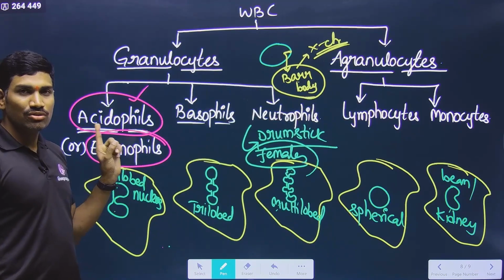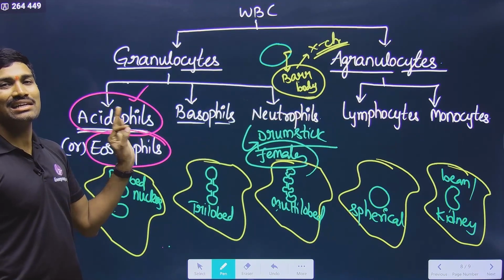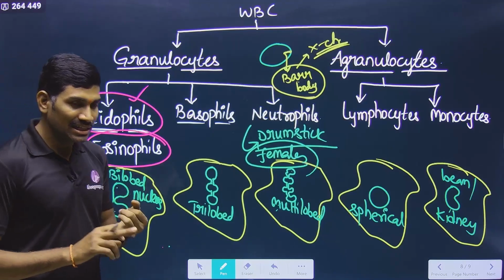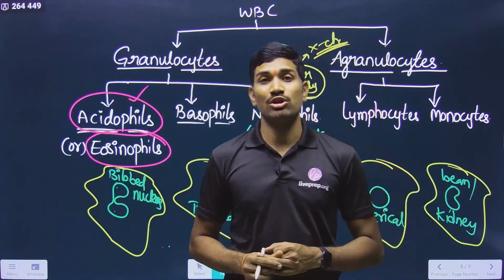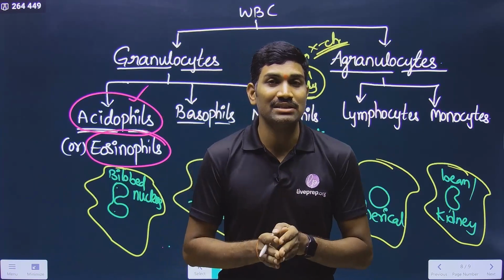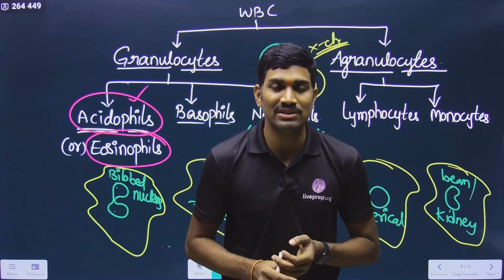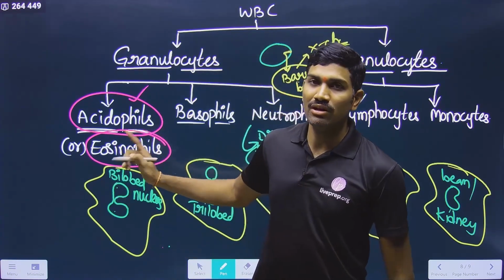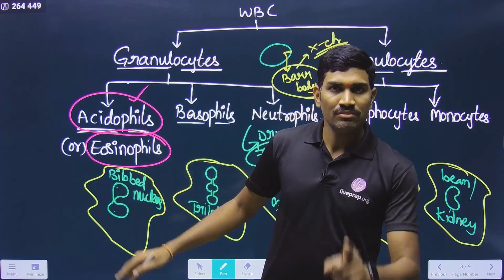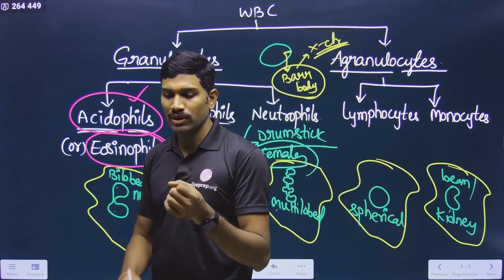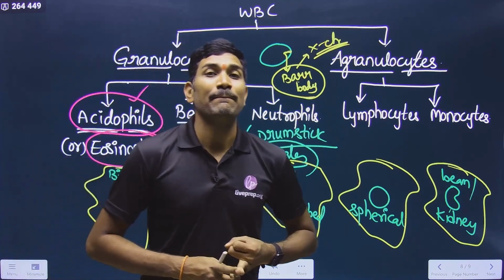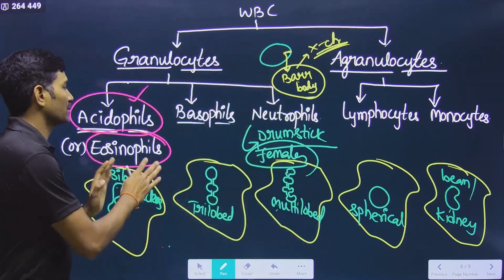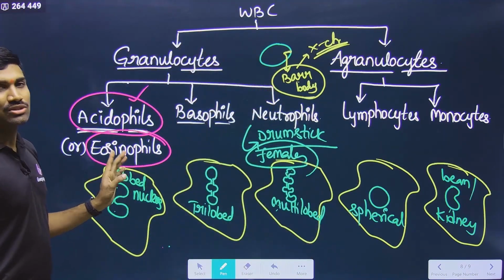These eosinophils or acidophils are related with allergic reactions, and even some parasitic infections like helminthic parasite infections, so their number will increase. Two important points related with allergic reactions and also some types of parasitic infections. This is one important point you need to remember for acidophils.